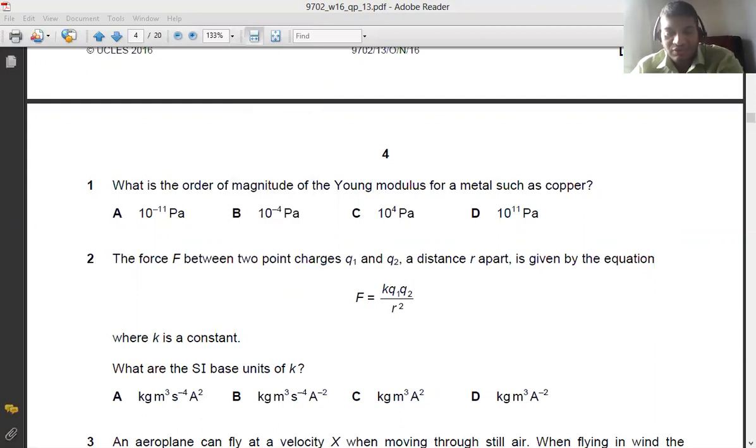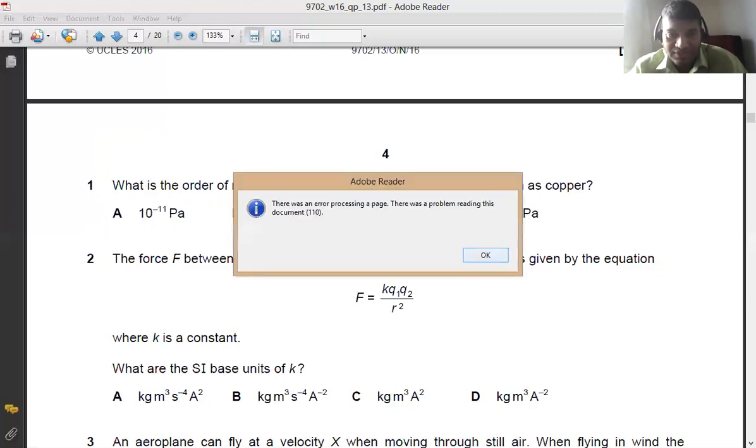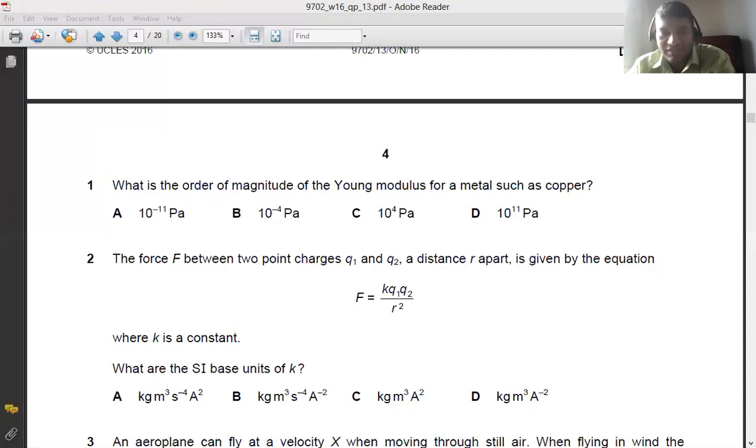So initially, when attempting a question of this sort, always try and refer to the textbook. The textbook will give you all of the information that is needed, and this will help you in understanding the question and finding the answer.